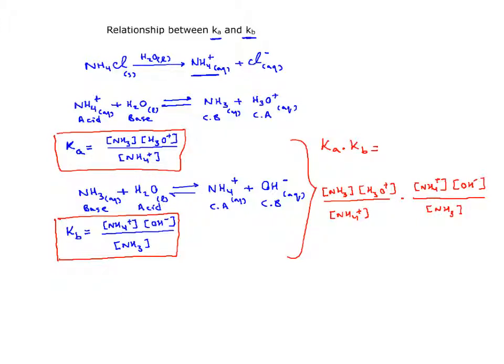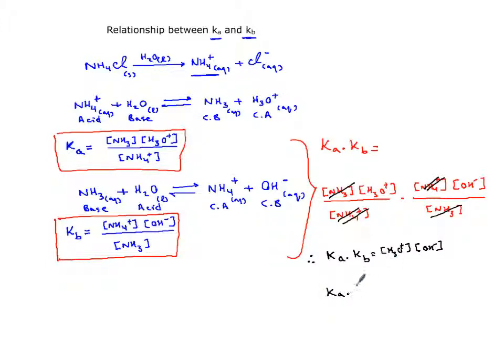Now a few terms we can cancel. Ammonia and ammonia cancel each other out. Ammonium and ammonium go away. The leftover is hydronium times hydroxide. So what we can conclude is Ka multiplied by Kb is hydronium, or hydrogen ion, times hydroxide, which is nothing but Kw.